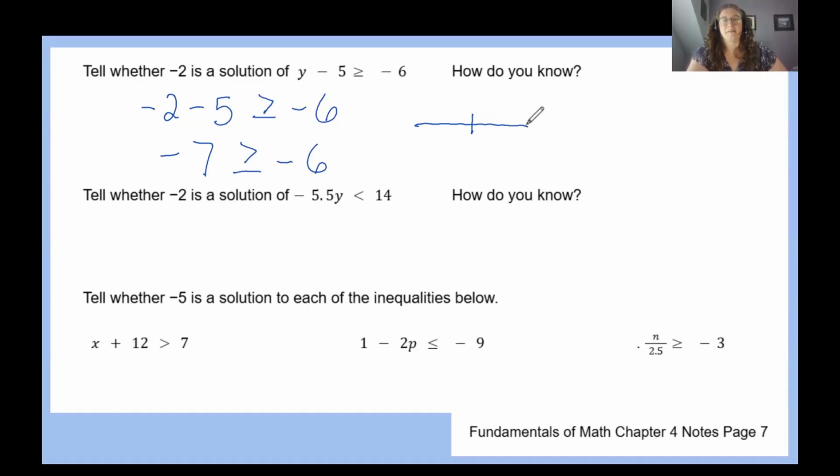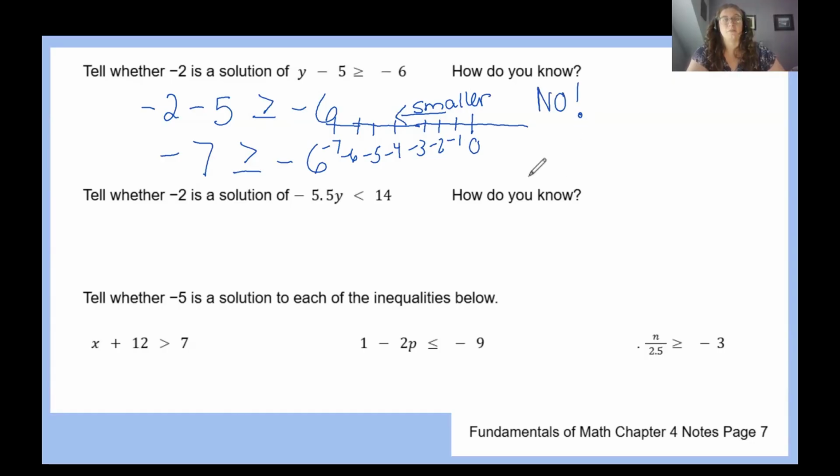If you have trouble comparing negative numbers, you know, -1, -2, -3, -4, -5, -6, -7. As numbers move to the left, they get smaller. So -7 is further to the left than -6. So -7 is smaller than -6. So this is not true. -7 is not greater than or equal to -6.